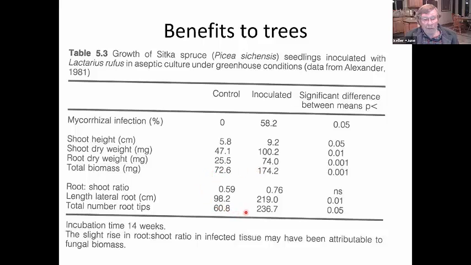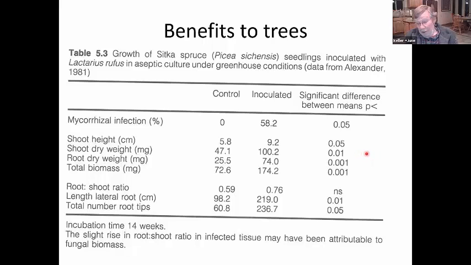And if you look at the number of root tips, that's like 4 times as many root tips in the mycorrhizal seedling than in the control. So growth is better typically with the mycorrhizae associated with the roots.